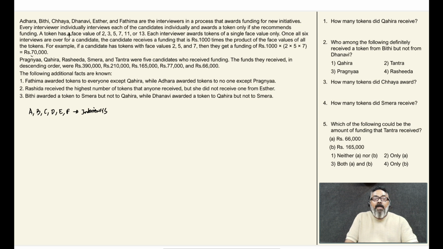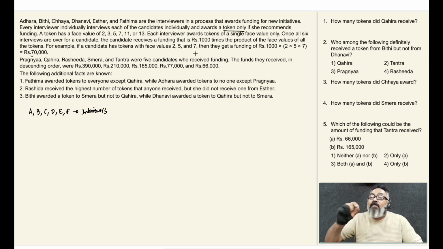Every interviewer individually interviews each of the candidates individually and awards a token only if she recommends funding. So every interviewer, let's take A, is interviewing each of the candidates individually. So A is interviewing every single candidate individually, not a group interview, and awards a token.